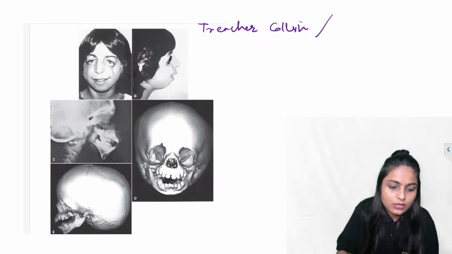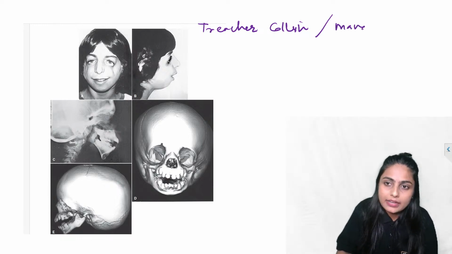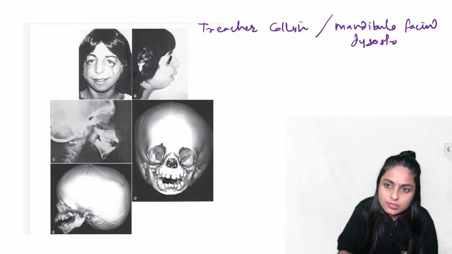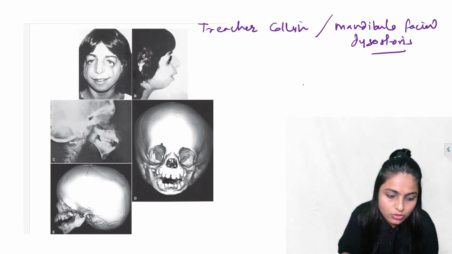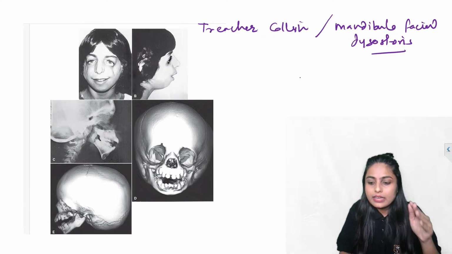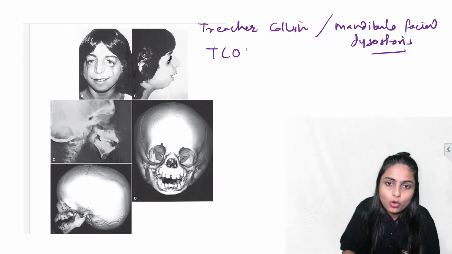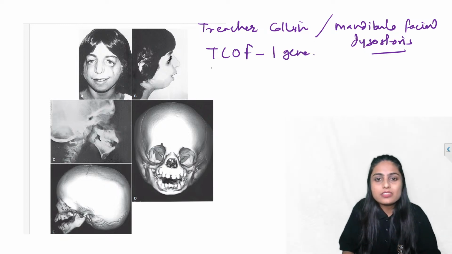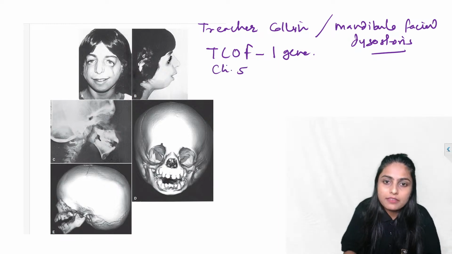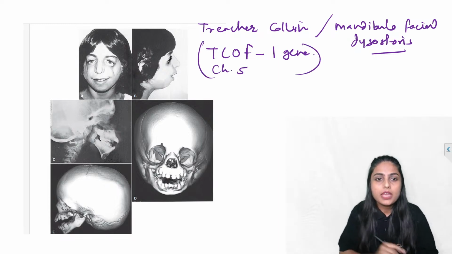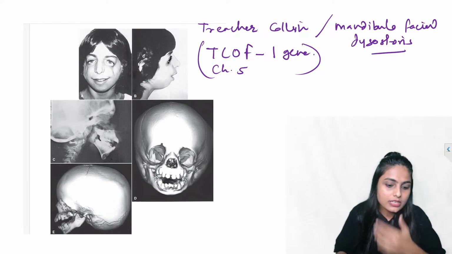And Treacher Collins syndrome is also called mandibulofacial dysostosis. The gene affected in this is the TCOF1 gene. The mutation in this gene on chromosome 5 is the cause. Treacher Collins or mandibulofacial dysostosis.